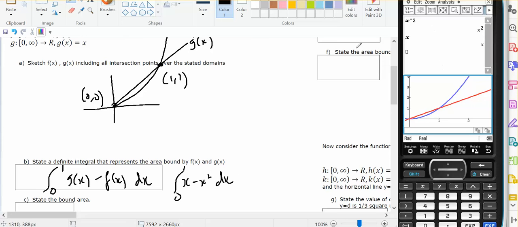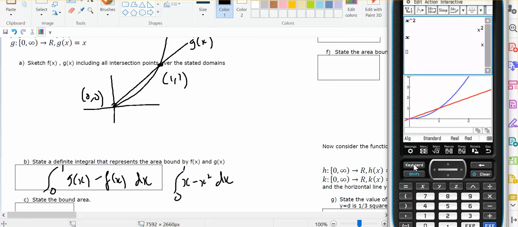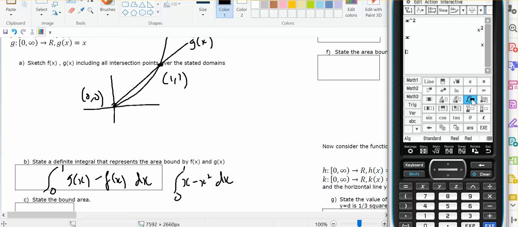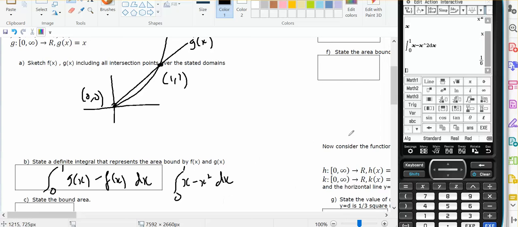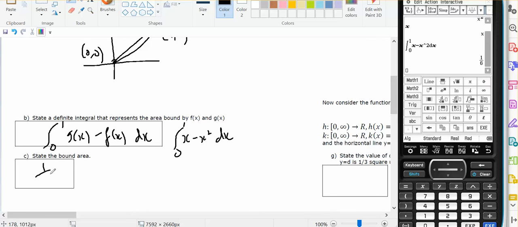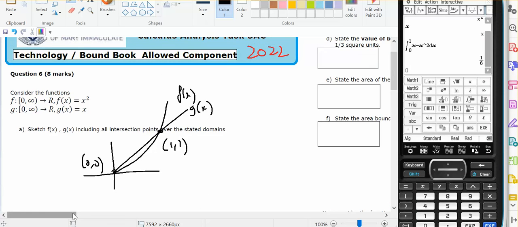To state the bound region, if I come to here, interactive maths, from 0 to 1 of x minus x squared dx, and that gives me a bound area of 1/6 units squared.